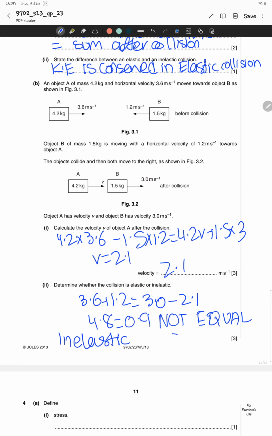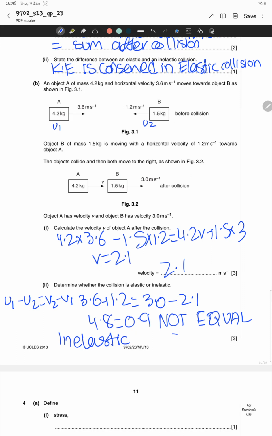By the way, the formula for this is u1 minus u2 equals v2 minus v1. Let's take this as u1 and this as u2. If you put this in, this will give you 3.6 minus, and because it's in the opposite direction, minus 1.2, right? So this becomes 3.6 plus 1.2, like over here.